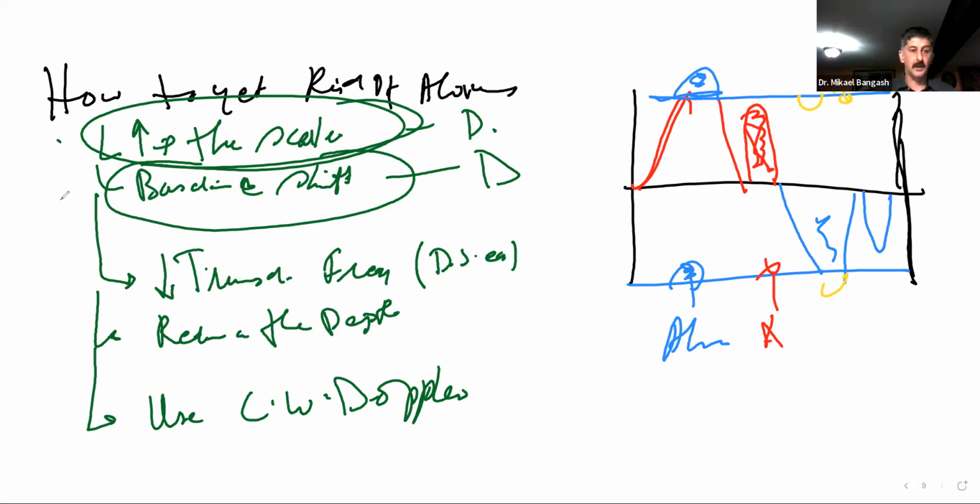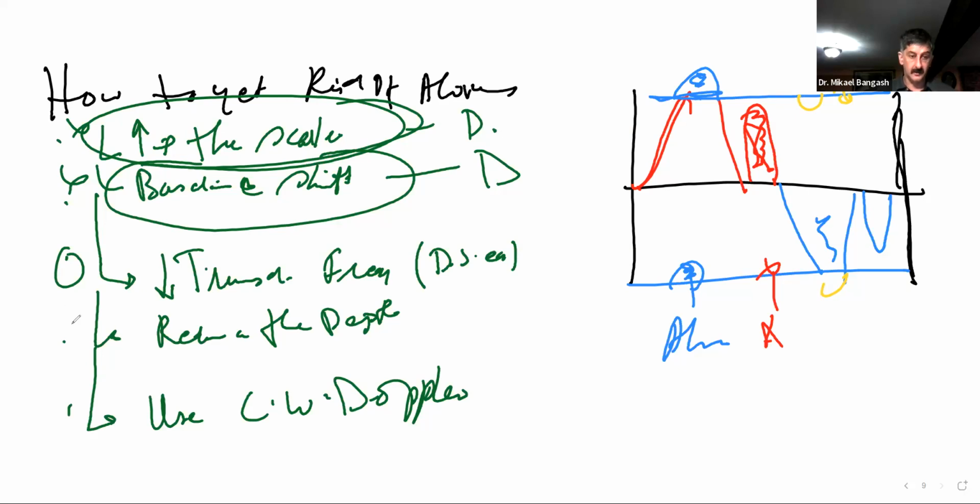So these are the 1, 2, 3, 4, 5 steps that can be carried out. If this doesn't work, then this will. If this doesn't, using a lower transducer frequency will do it.